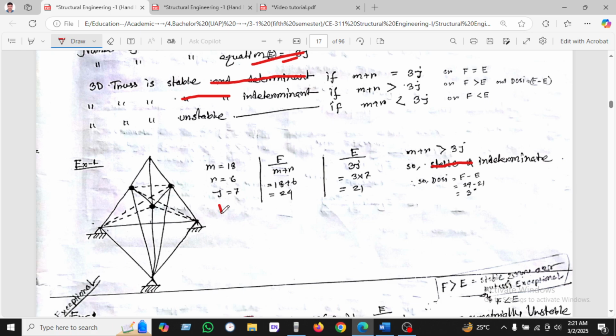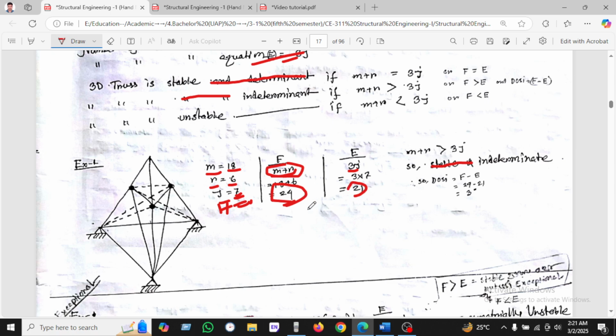There is no internal hinge, so there is no hinge. Calculating all this, we found m equal to 18, r equal to 6, and joints equal to 7. So m plus r equals 24, and 3j, with j equal to 7, is 21.